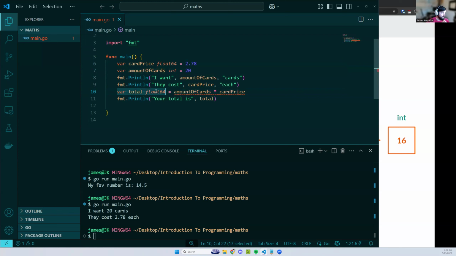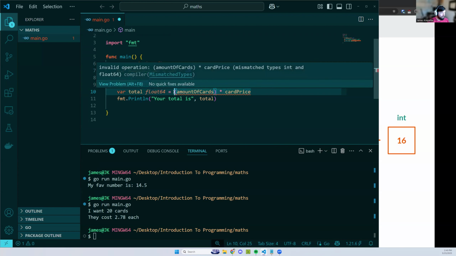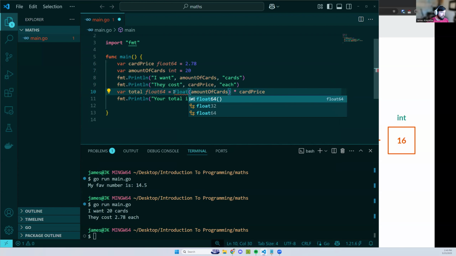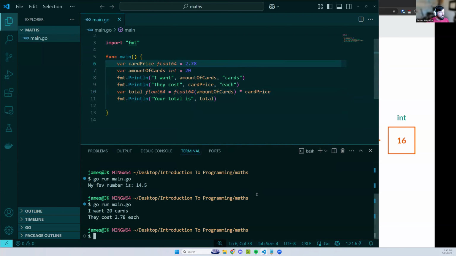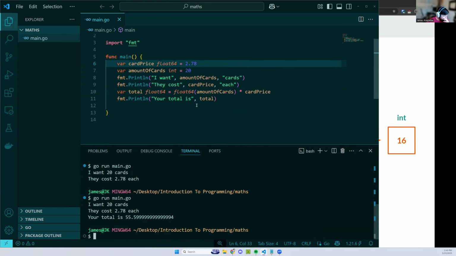Because the total's a float, the price is a float, the amount of cards is an int, I need to turn it into the thing that I want. And the way I can do that is I just surround the variable I have with these parentheses, and then I say what type I want it to be, float 64. So I want this integer to be a float 64 for this calculation.